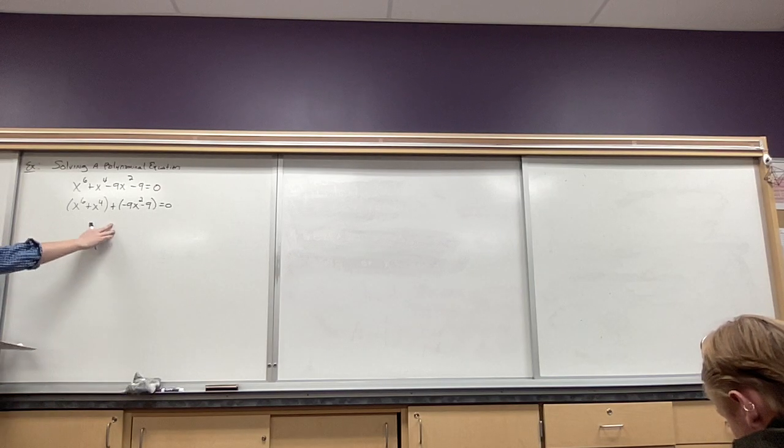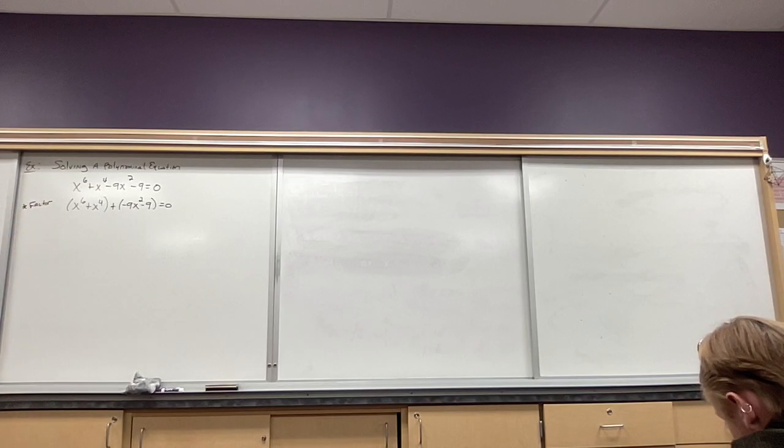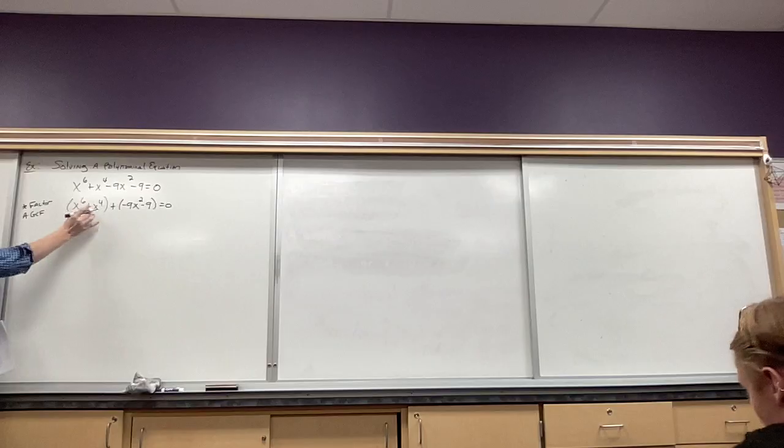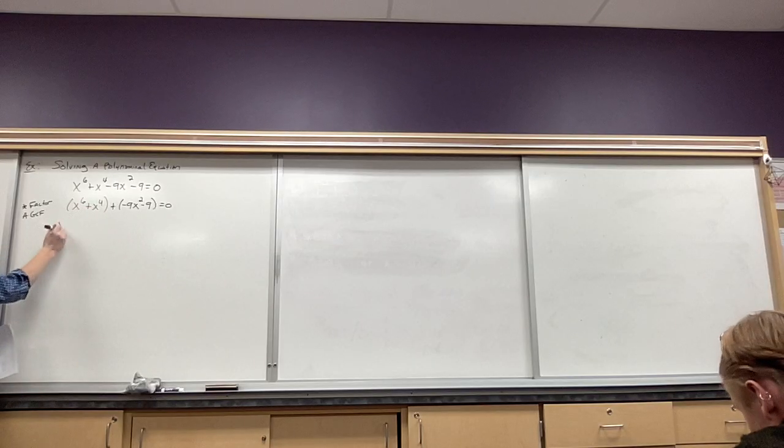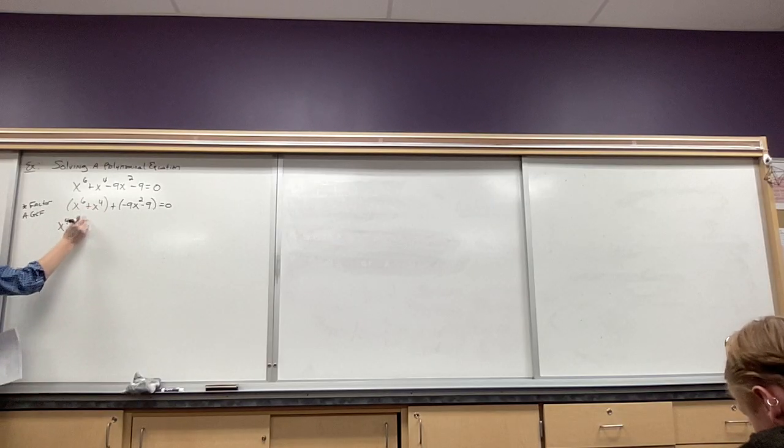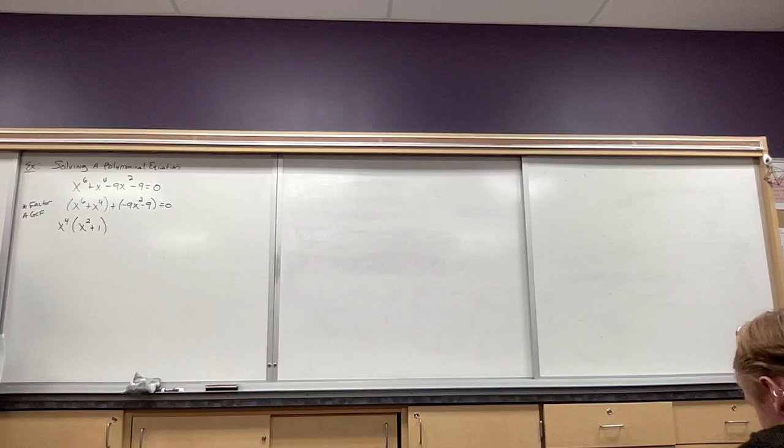So now, given this, let's see if we can factor a GCF from each term, okay? And the goal is when we factor that GCF, we want the exact same thing in the parentheses. So here I can take out a maximum of x to the 4th, so I'm left with x squared plus 1.